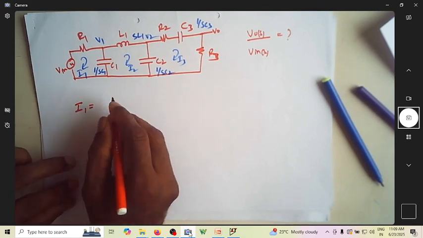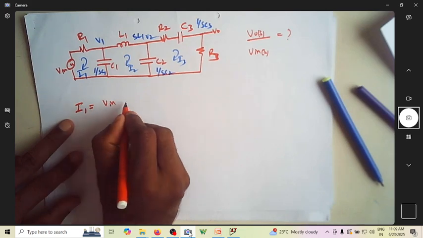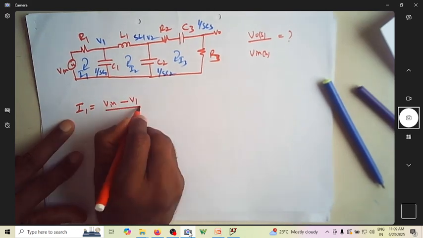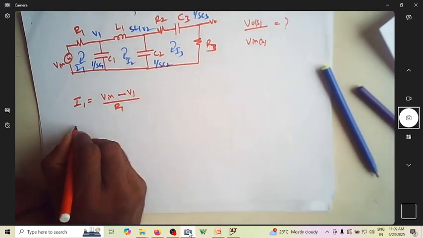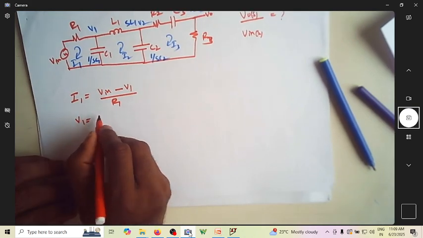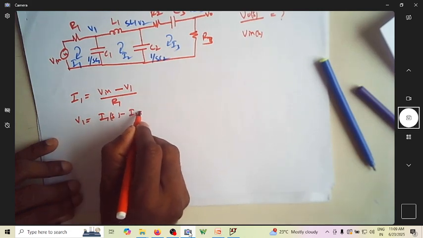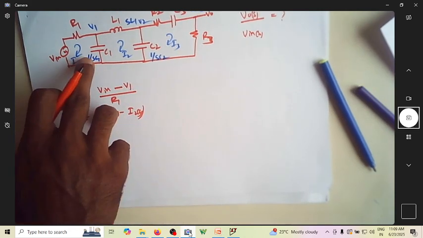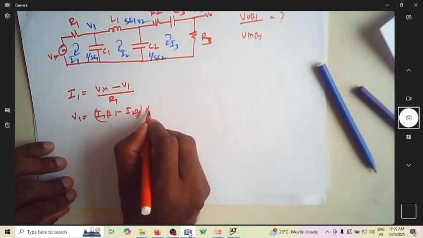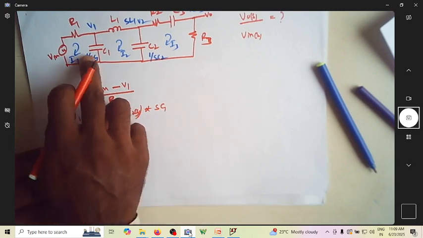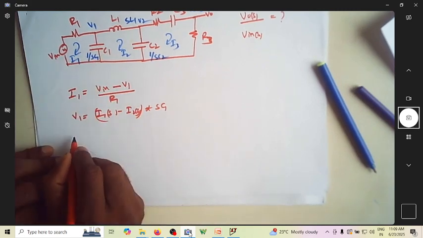What is I1? I1 is nothing but V in minus V1 by R1. V1 is nothing but I1 of S minus I2 of S divided by the impedance, which is nothing but SC1, because 1 over 1 over SC1 will become SC1. What is I2?